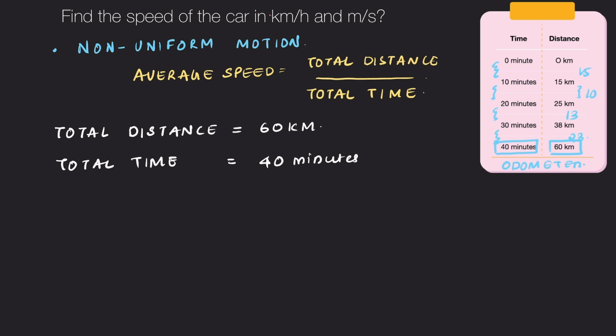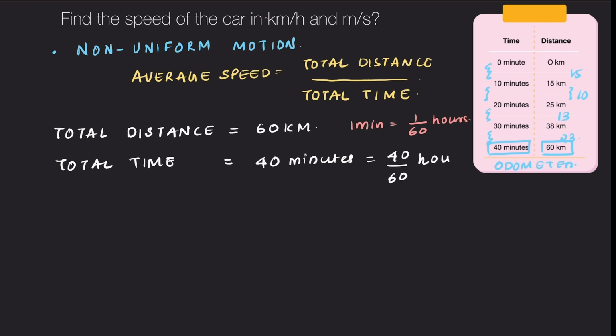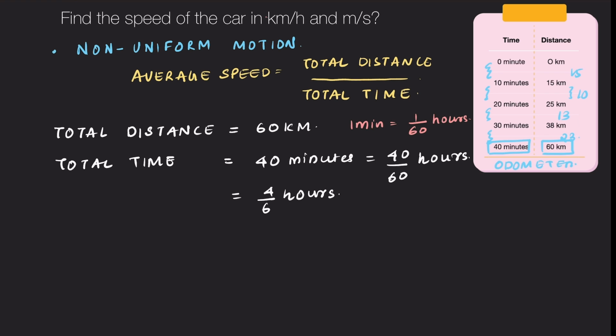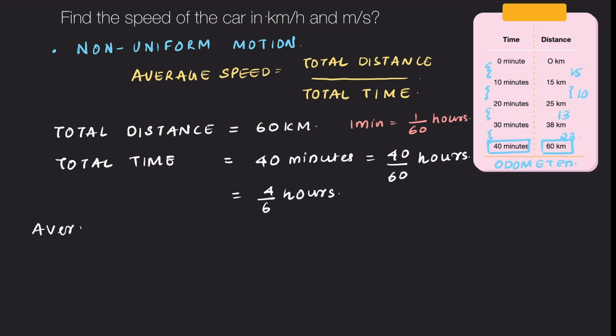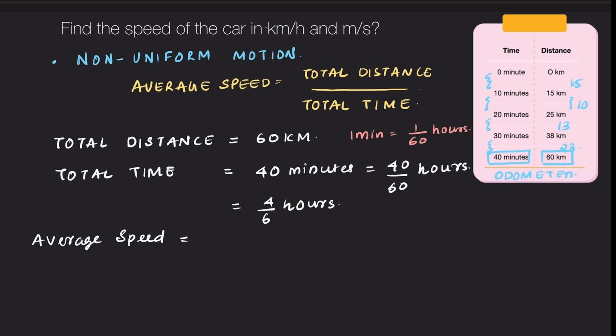Let's convert this minute to hours because we need our answer in kilometer per hour first, right? So 1 minute is 1 by 60 hour. That means 40 minutes is equal to 40 by 60 hour, or simplifying we get 4 by 6 hours. Now plugging into the formula, average speed is equal to 60 kilometers divided by 4 by 6 hours.